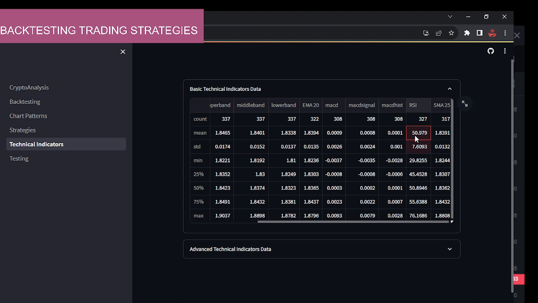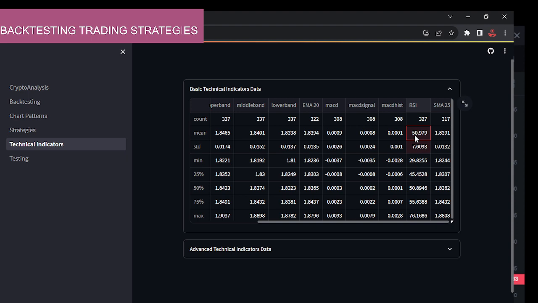And another thing that I want to check on is the 75th percentile, which is somewhere close to the mean plus the standard deviation. So it means in this case having a value between 55 and 57, I'm somewhere close to the selling point.